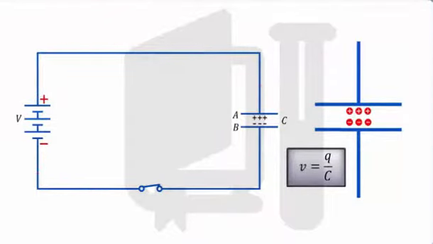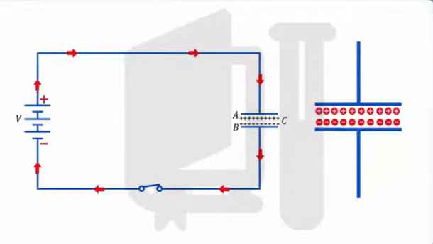As plate A of the capacitor is connected to a positive terminal, positive charges accumulate on plate A. The positive charges on plate A repel the additional positive charges that the source tries to deposit on the plate. Thus, the capacitor resists the further build-up of charge on its plates.